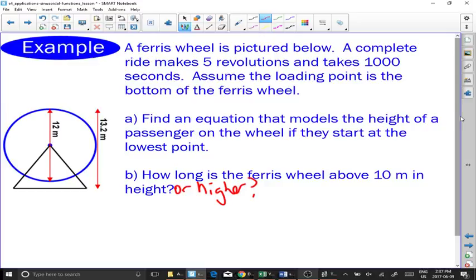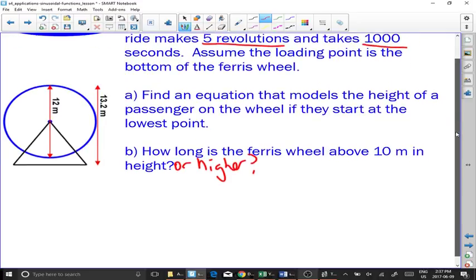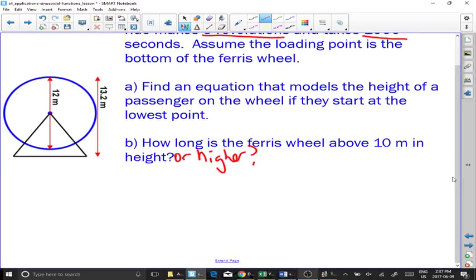We could do a table because tables are easier to make. Okay? If 5 revolutions take 1,000 seconds, then 1 revolution is going to take how long? What's that? Yeah.